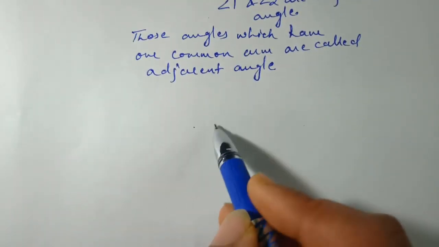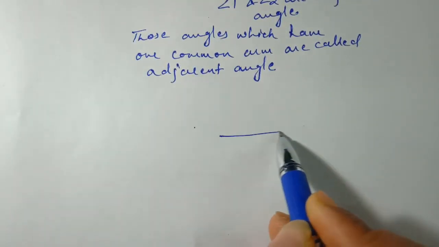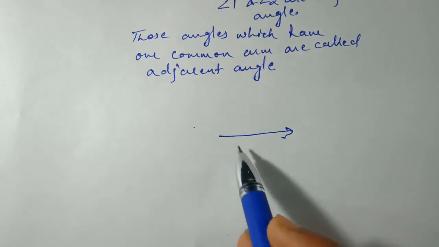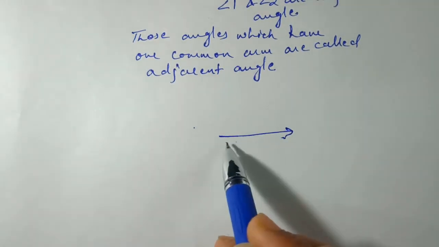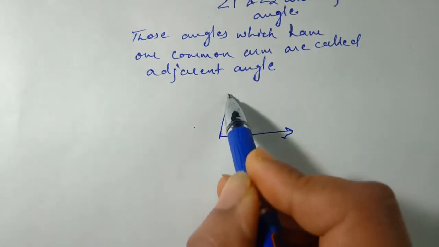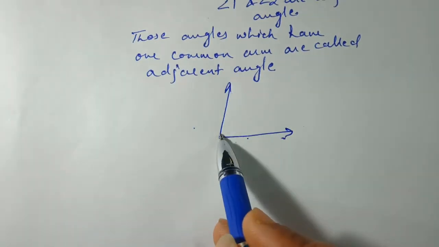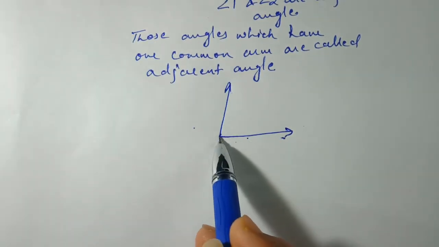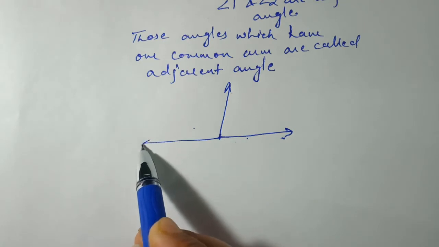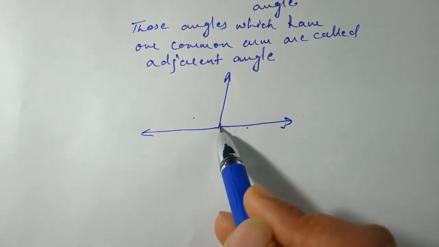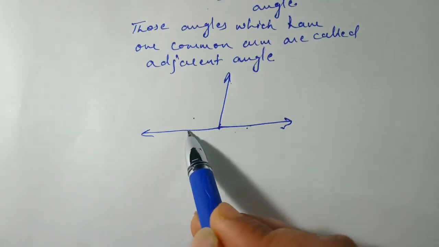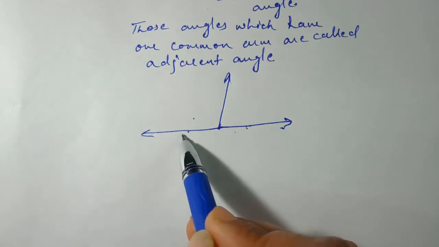Come to the next. If we have this as an arm, one more arm is there, and another arm is such that it is just opposite to the first ray.